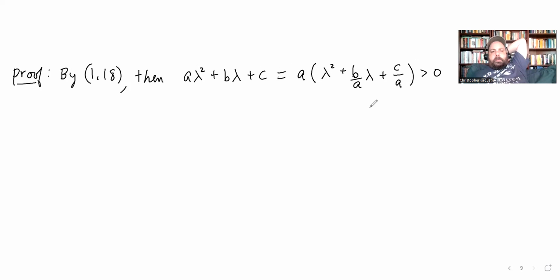We're assuming that at least one of y1 or y2 is not 0, so we can divide out by a, which implies that lambda squared plus b over a lambda plus c over a is greater than 0, since a is not 0.